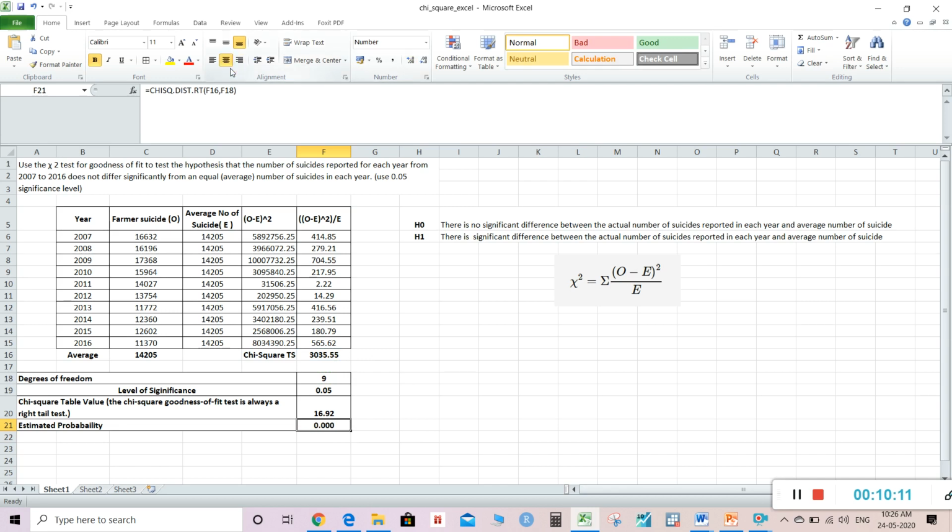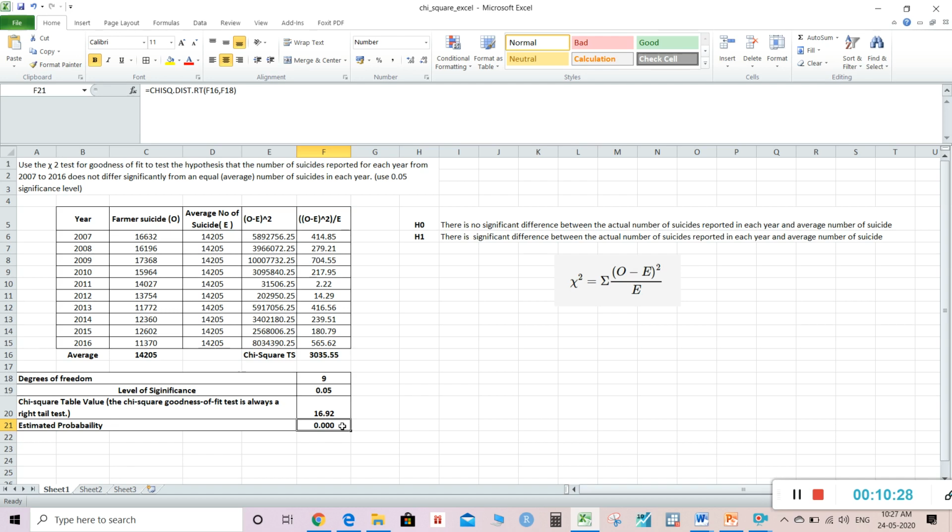It looks like there are many zeros after the decimal, which basically tells you it is highly significant.